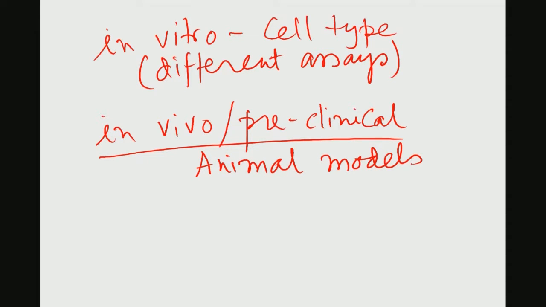Essentially, in vivo study has more appropriate relevance for the human environment. It is called preclinical because it is one step before the clinical trials, where human patients are involved to establish the efficacy of any biomaterial device or any implant.